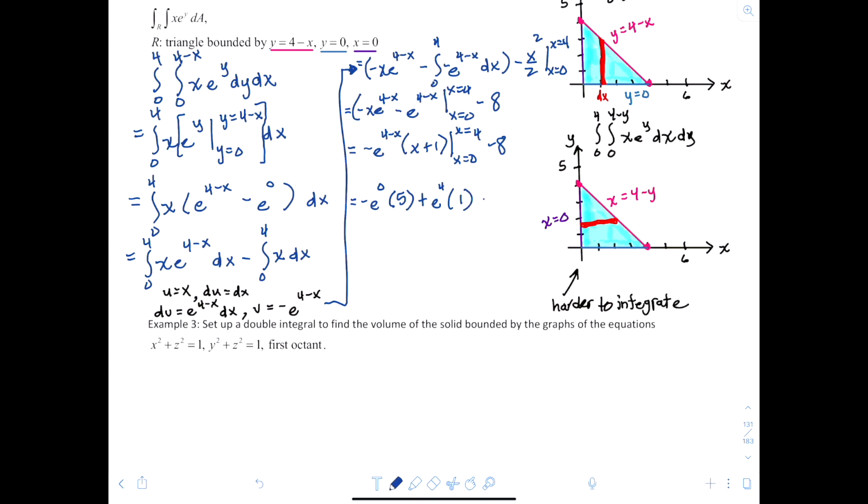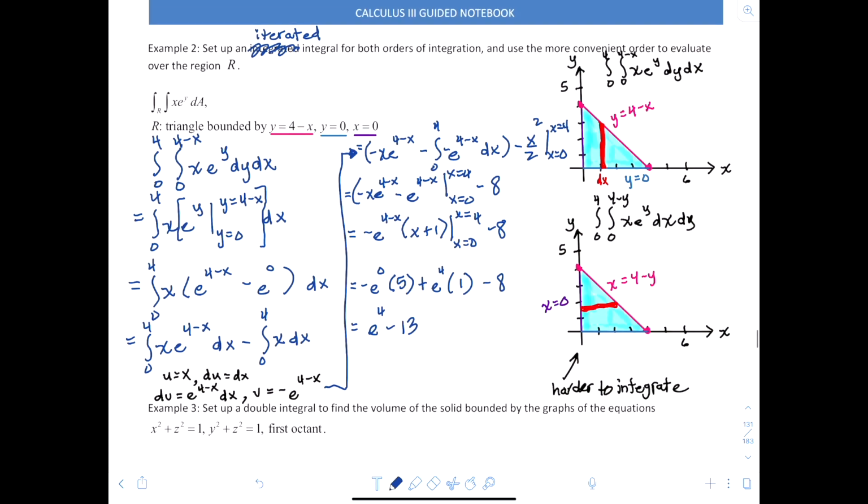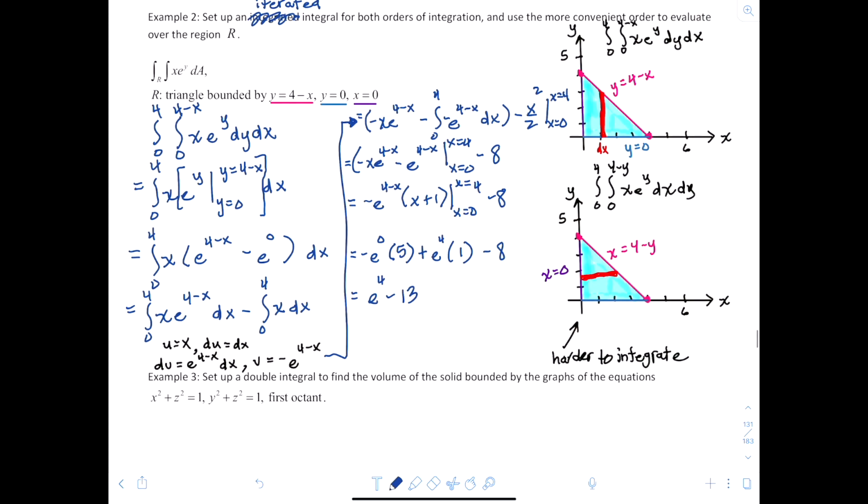And I still have minus 8 hanging out. So this is going to give me negative 5 minus 8, which is negative 13. So I'd have e to the 4th minus 13, and that's our result. Cool?